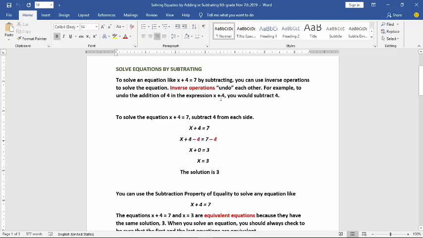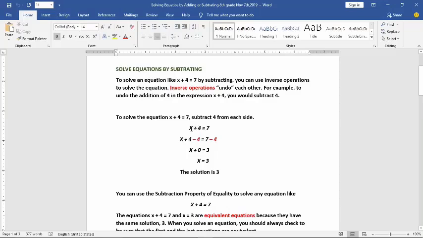We have x plus 4. If you want to inverse this operation, you have to subtract 4 from this expression. Let's see. To solve the equation x plus 4 equals 7, you subtract 4 from each side. x plus 4 equals 7.